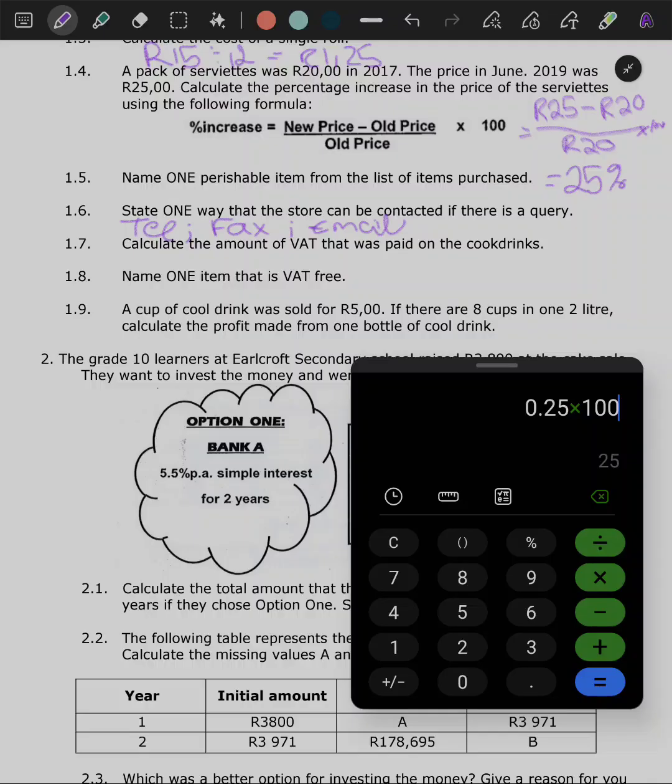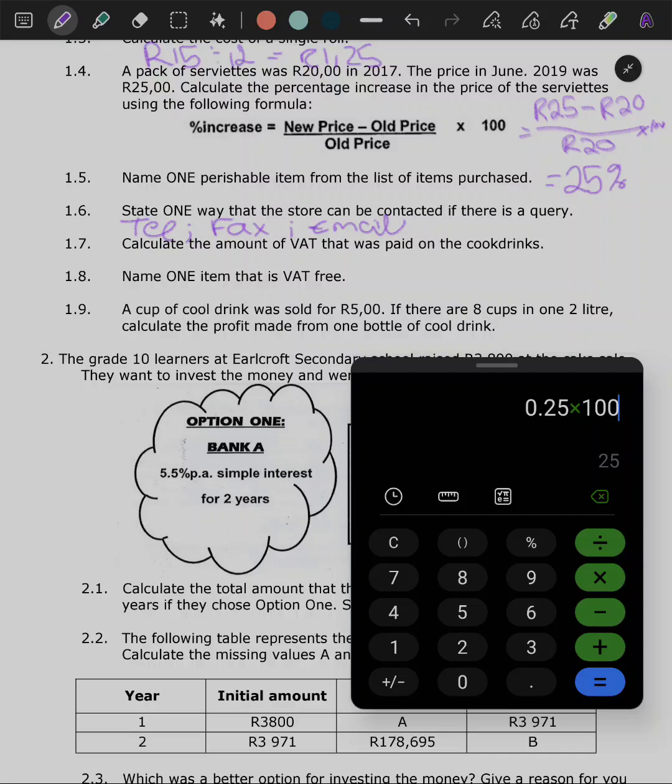And normally if I change this question and I said state the ways the store can be contacted, I would give you the same number of marks in that case for giving me all 3. I wouldn't give you necessarily 4 marks if you didn't state all 3. If the question said state the ways or state all the ways, okay, so just pay attention to the phrasing of those questions.